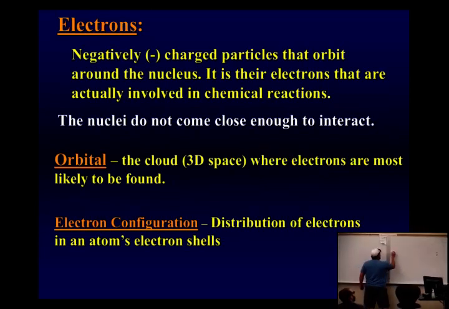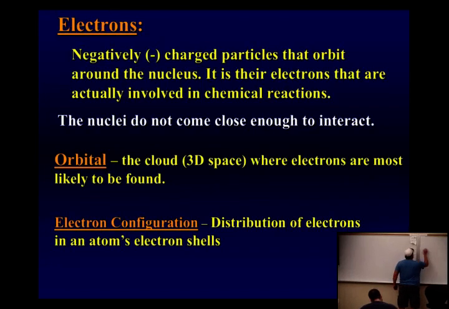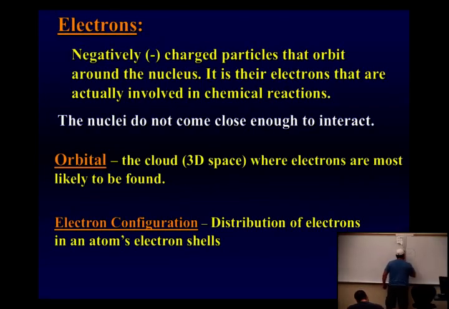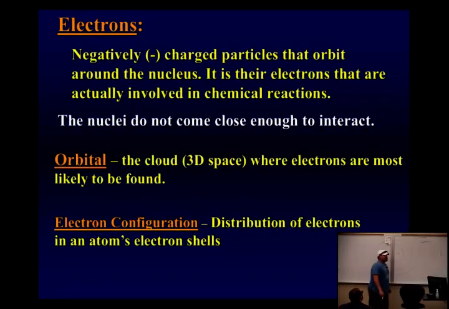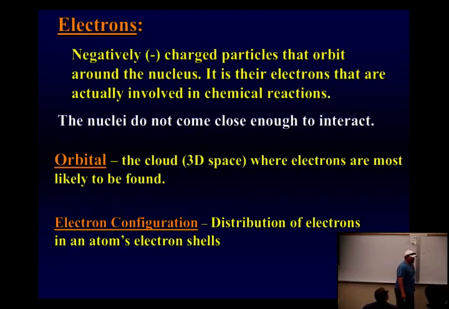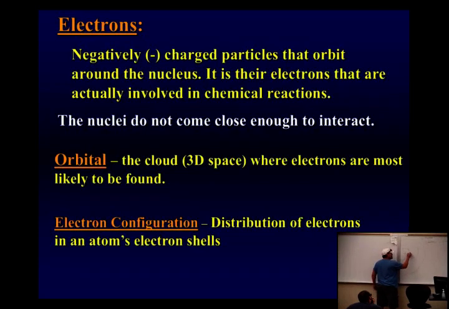Okay, so what about chlorine? What does it look like? Got 17 protons, 17 electrons. Okay, that's good. I'll accept that. So what's the electron configuration look like? First orbital has how many? 2.